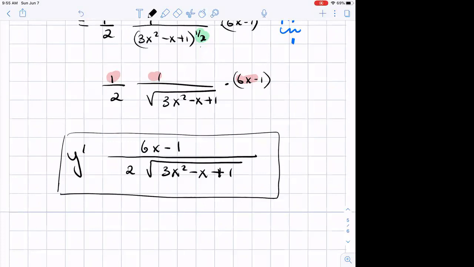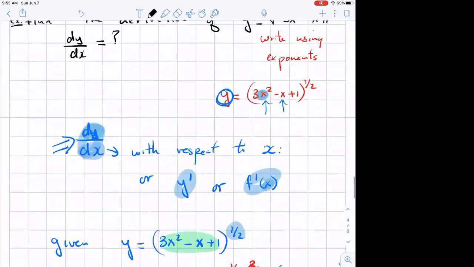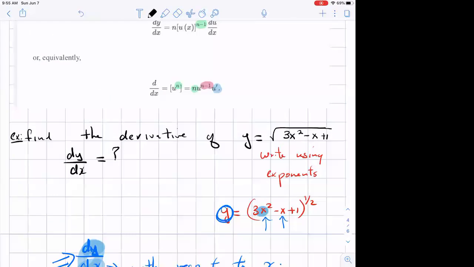Okay. So let's look at another example and then we'll see if we can understand what this is trying to say here with those colorful highlights.